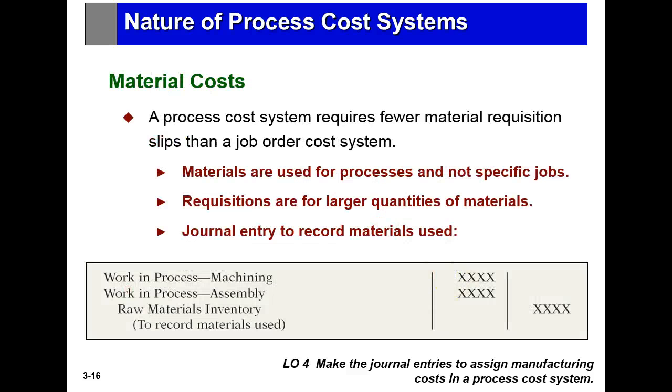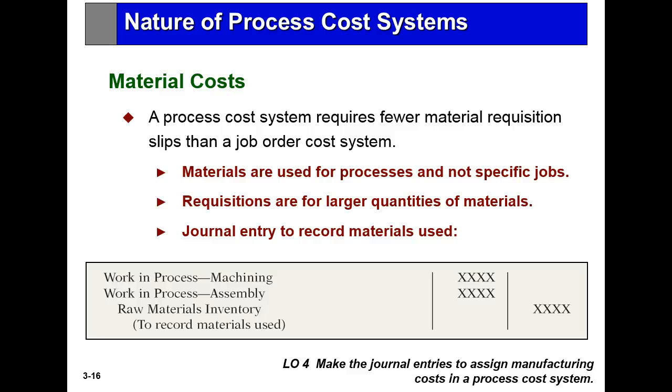How do we do material costs? The process cost system requires fewer material requisition slips than in a job order cost system. They're used for processes and not specifically for a job, unique here and there.